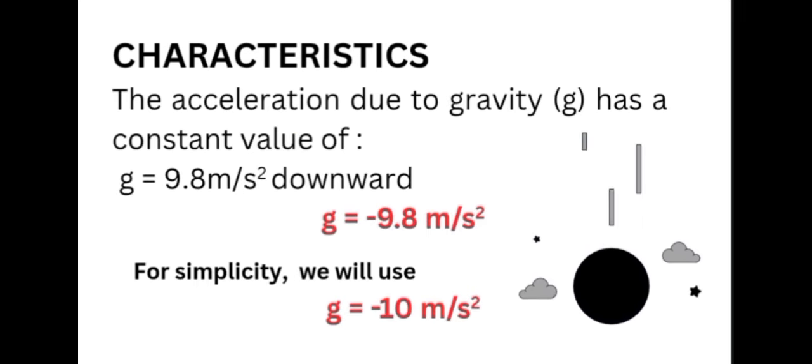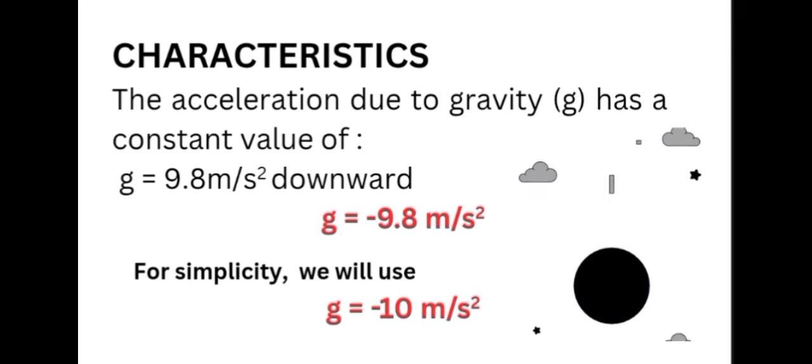And that acceleration caused by the gravitational force is represented by g, small letter g, also known as the acceleration due to gravity. And this has a constant value of 9.8 meters per second squared.